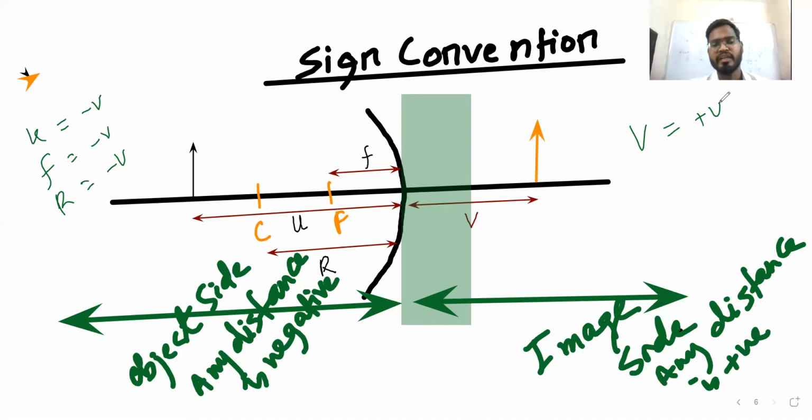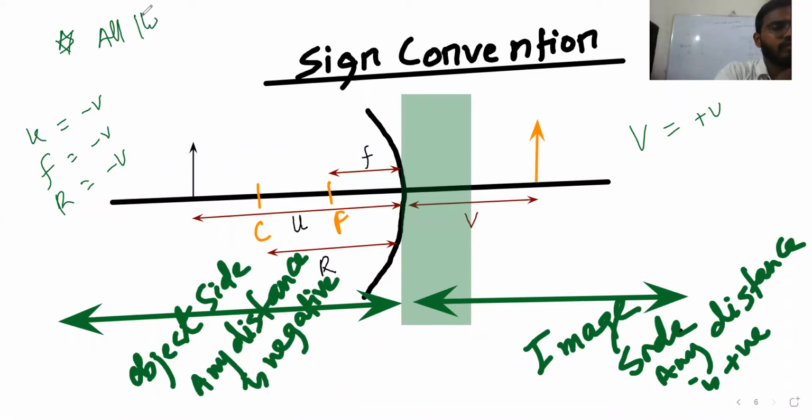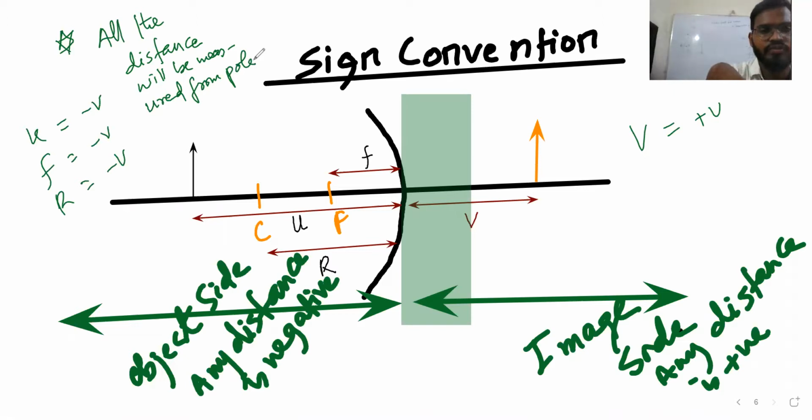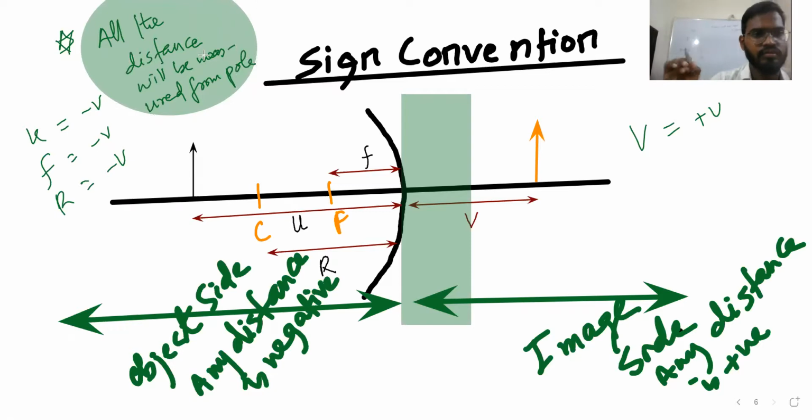One more thing: all the distances will be measured from the pole. This is the most important point, so we'll have to write it: from the pole.